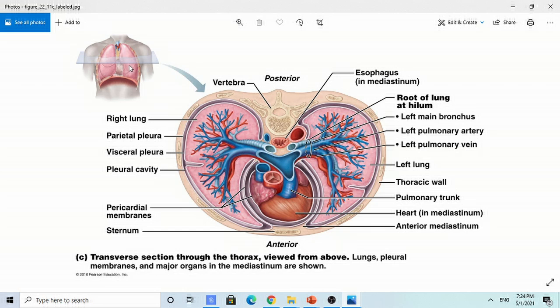Look, two lobes, this being the border between them, and one, two, three lobes on the right side. Upper, middle, and lower lobe on the right, and lower and upper lobe on the left. Two lobes on the left, three lobes on the right. So this is to show you the picture of the pleurae and the pleural cavity.